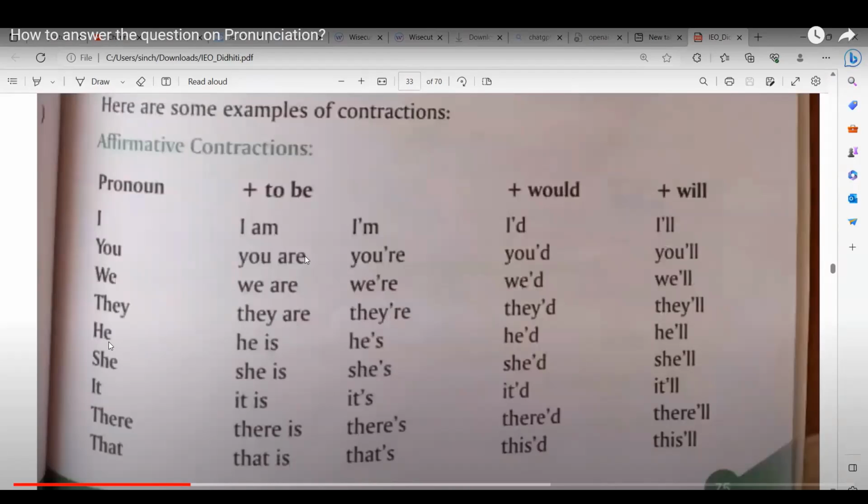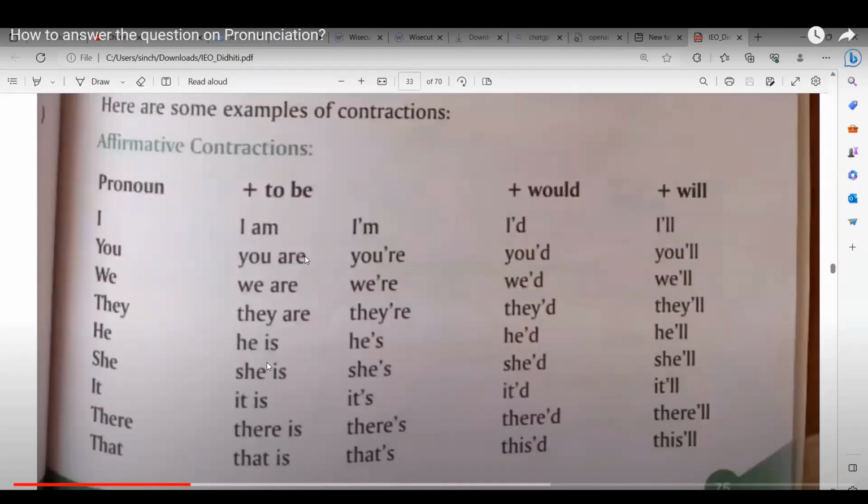So can you tell me which things are getting omitted? Ma'am, in "is" the I, in "would" the WOUL, and in "will" it will be WI. Very good. Excellent.